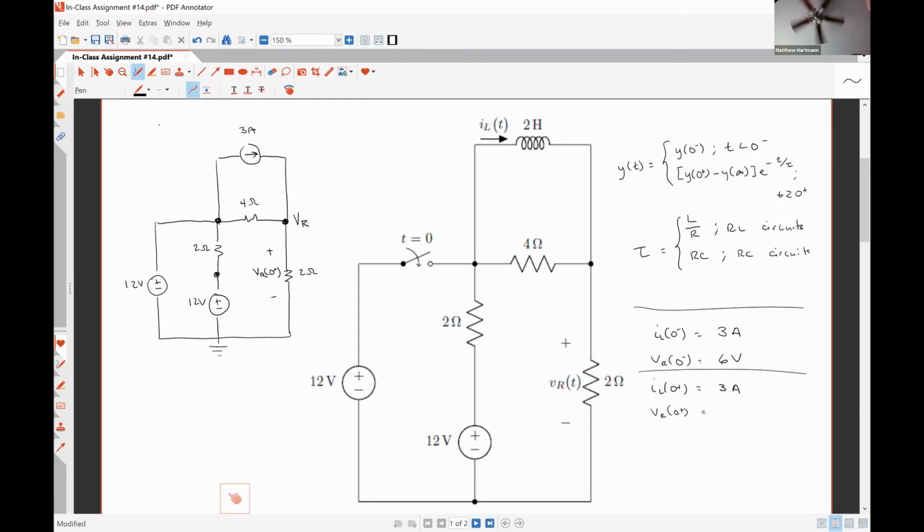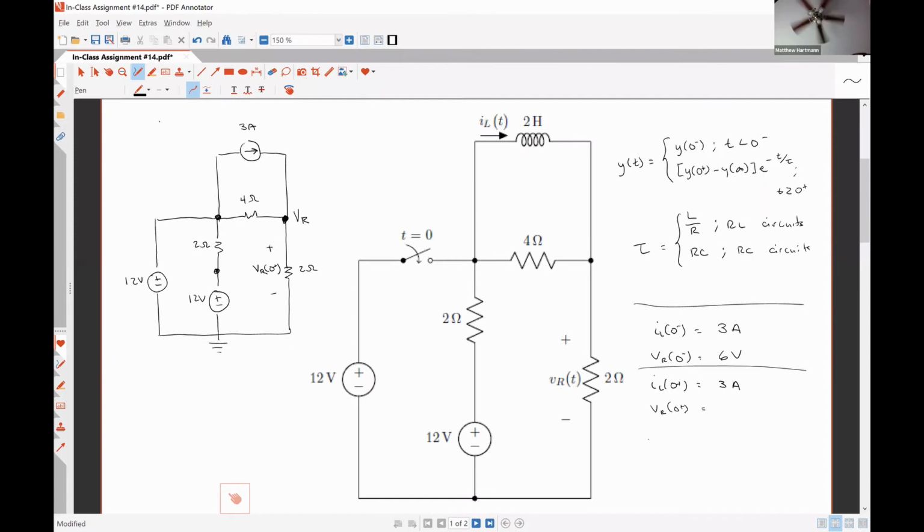Because VR at 0 plus is the potential difference between this node and our ground, this nodal voltage exactly represents the voltage I'm trying to find. We good there? So I'm going to just apply KCL at this rightmost node.